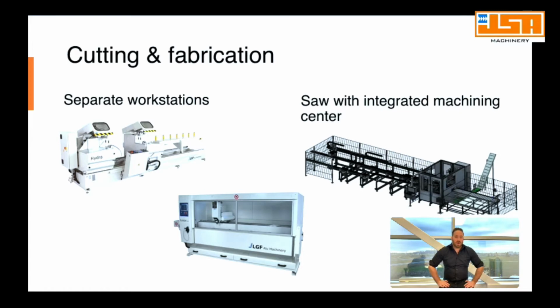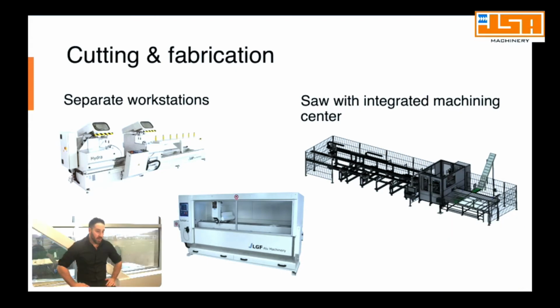So if you're looking at welding plus or minus 400 squares, you're now able to cut those 400 squares and fabricate them as well at the same speed. There's been a lot of advance in that technology in the last few years.